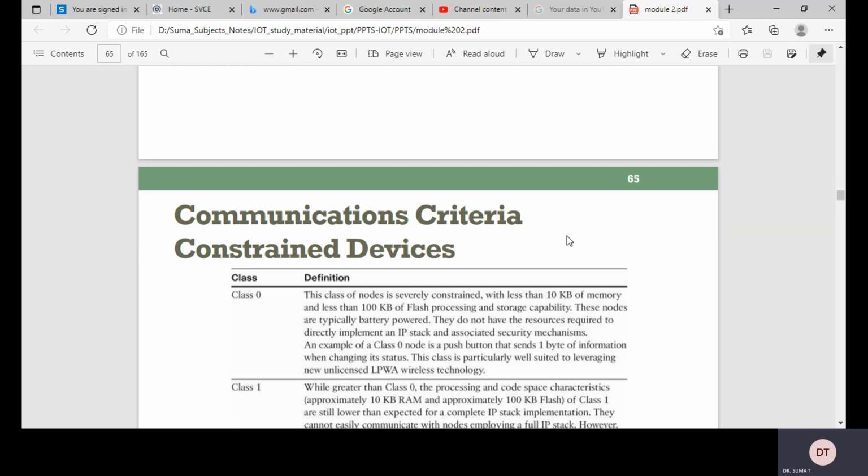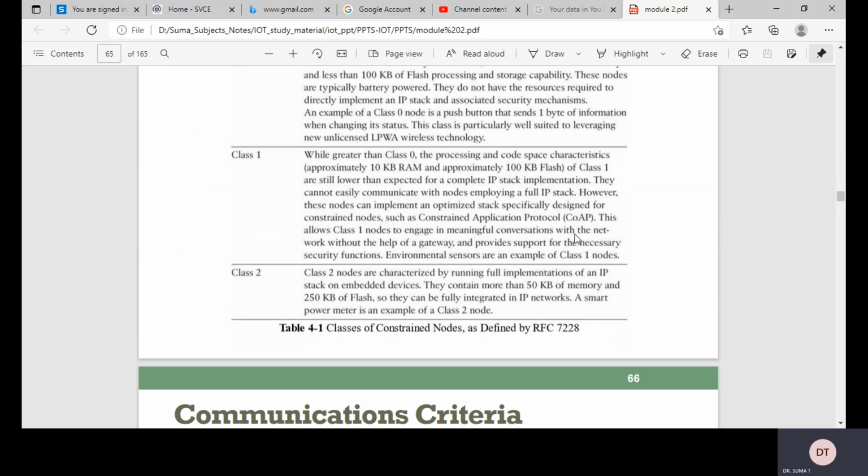This class is particularly well suited to leveraging new licensed low power wide area wireless technology.